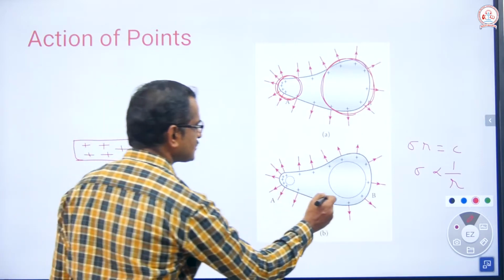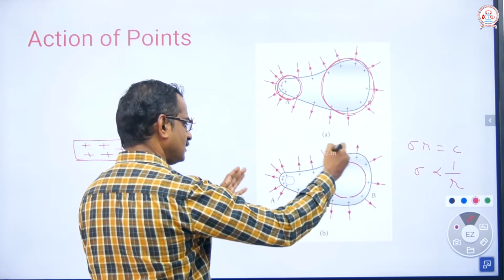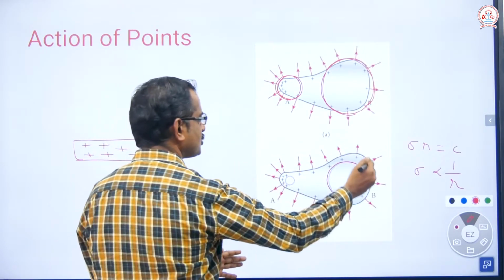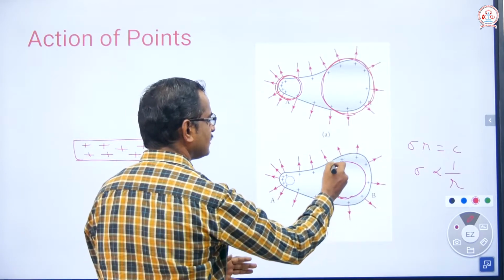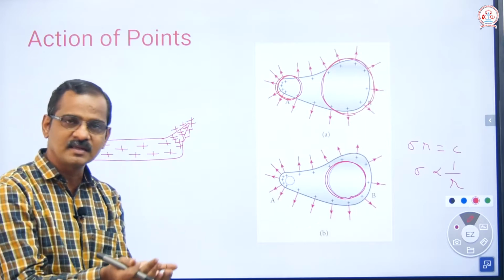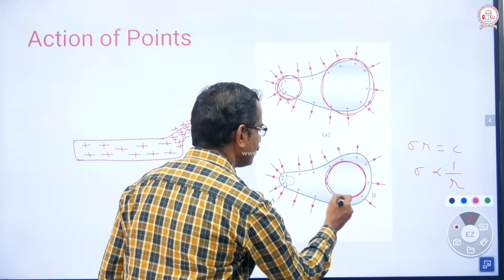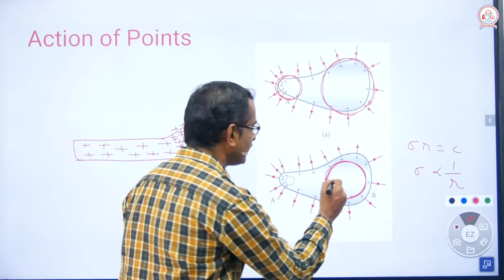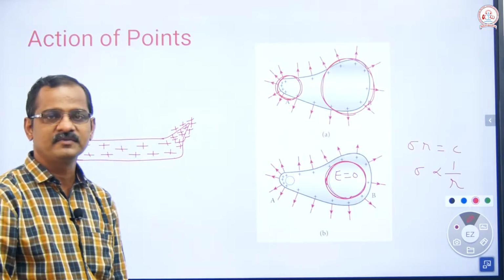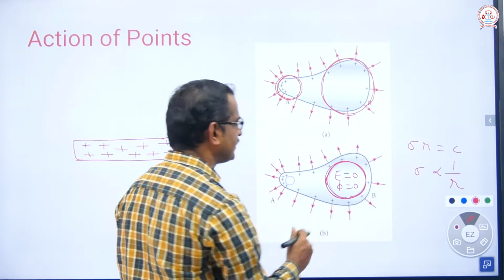Imagine this is an irregular shaped conductor, and charges are distributed like this. If you imagine a sphere inside the conductor, as there is no charge enclosed by the surface, electric field will be zero inside. Flux will also be zero inside.